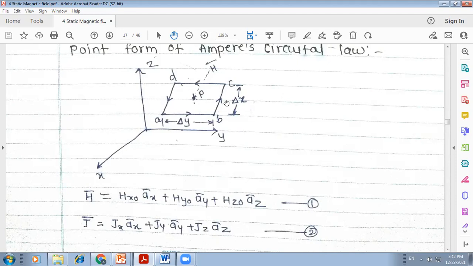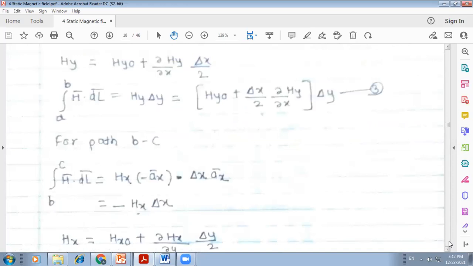Yes, what will be that distance? Yes, Suraj. Delta y by 2. Delta y by 2, correct. Because the total distance is delta y and we are considering the distance from point P to this BC, that is delta y divided by 2.